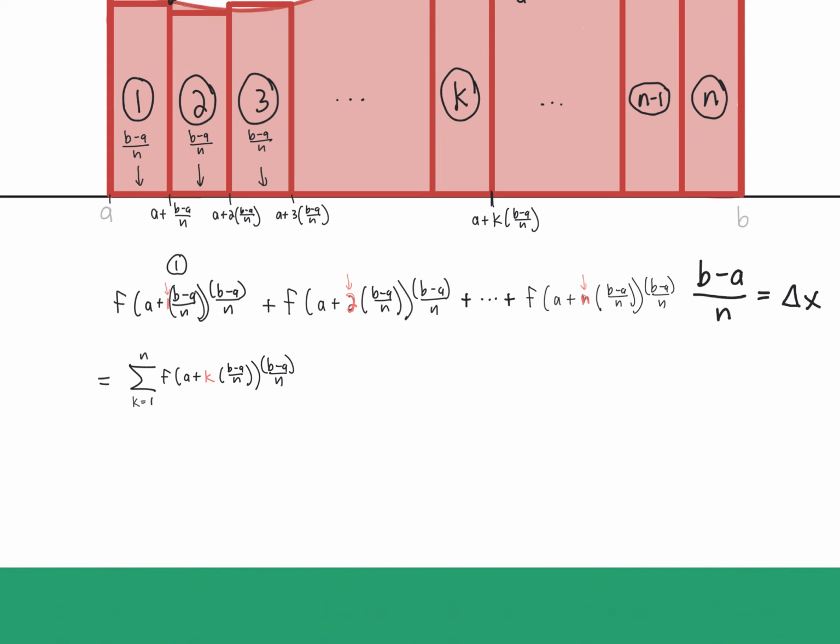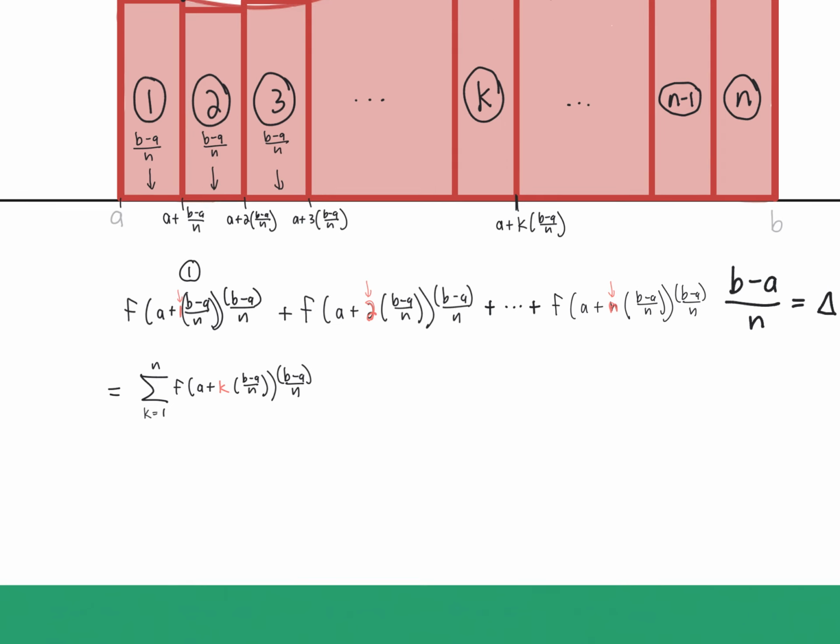So we'll plug in 1, plus plug in 2, plus dot, dot, dot, plug in n, and then that'll give us the area of the last rectangle. And just to remind what all these are, each one of these is the area of a certain rectangle. This is the area of the first rectangle, the second rectangle, the last rectangle, which is the nth rectangle.